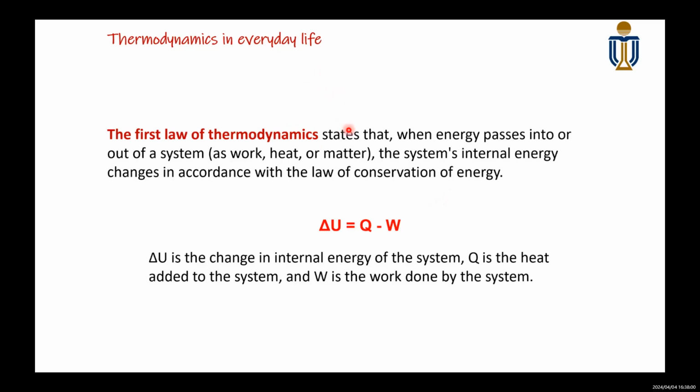The first law of thermodynamics is often expressed mathematically as delta U is Q minus W, where delta U is the change in internal energy of the system, Q is the heat added to the system, and W is the work done by the system.